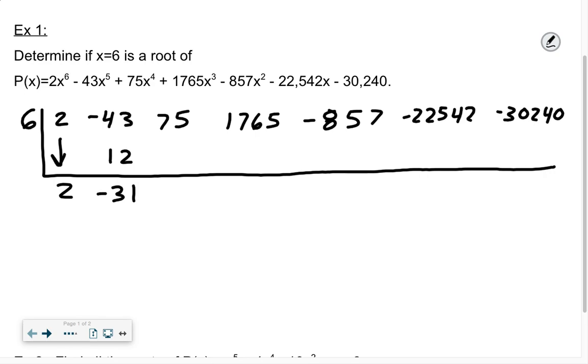And then I'll let you guys help me out from here. 6 times negative 31, which I assume negative 31 is correct. Next number is Kendra? What'd you get for this number here? No, negative 186.